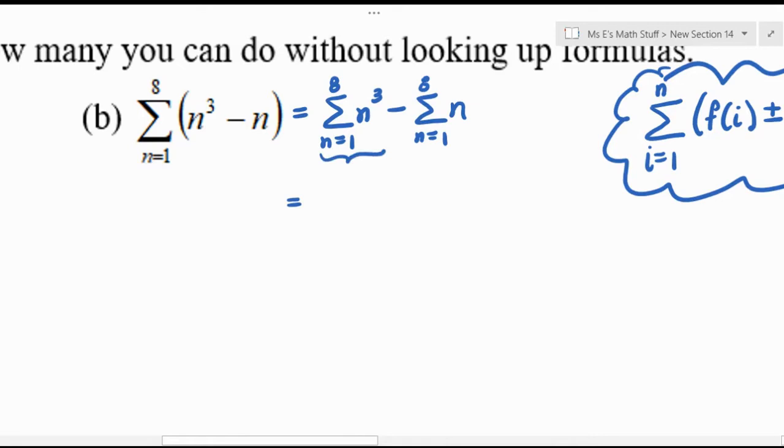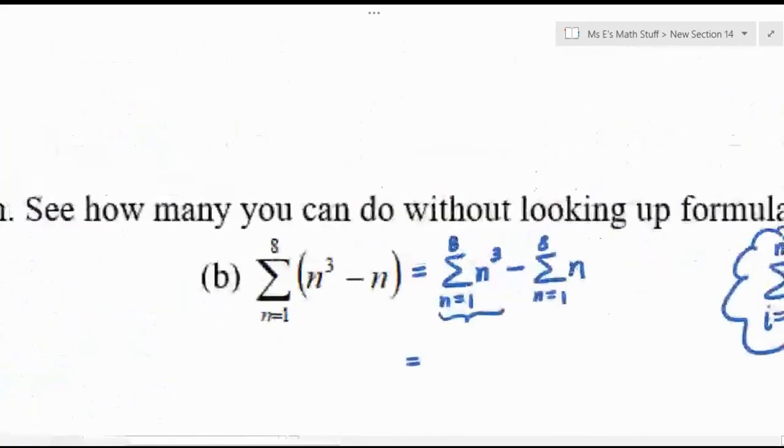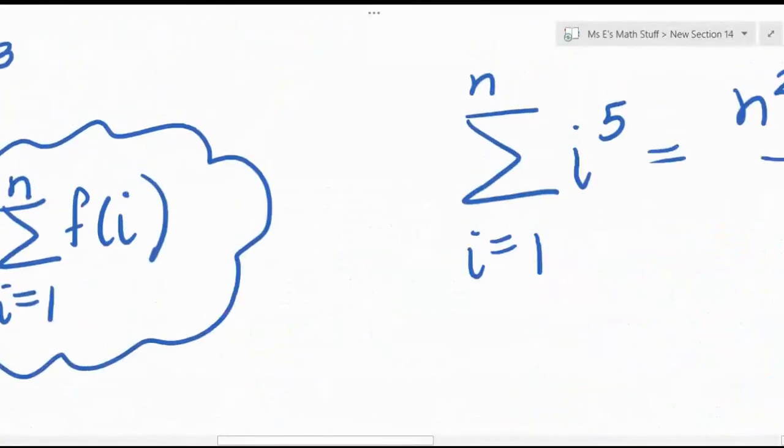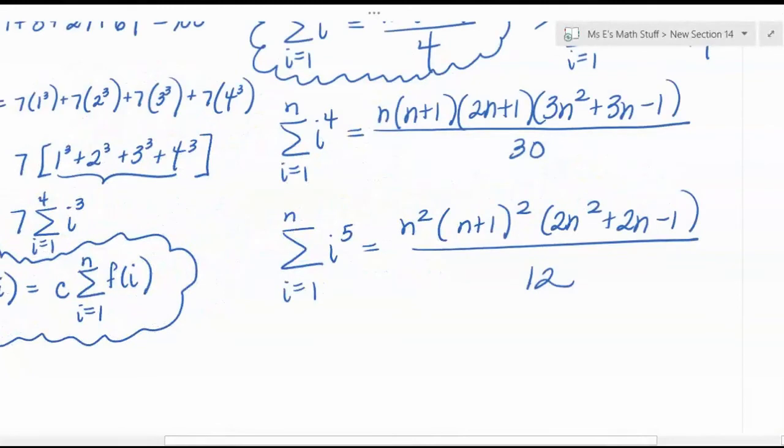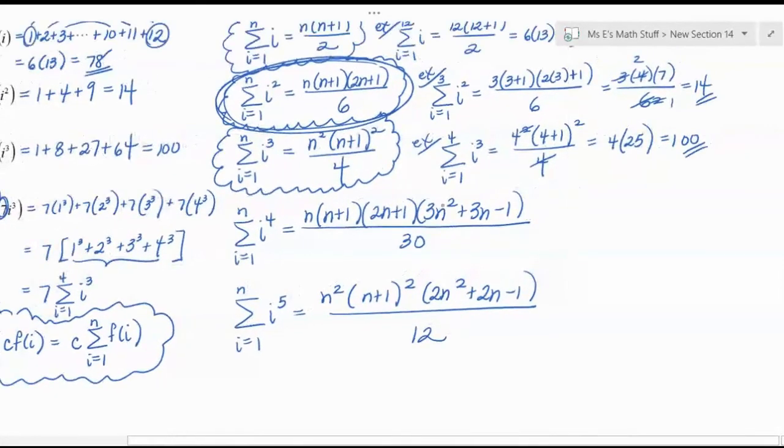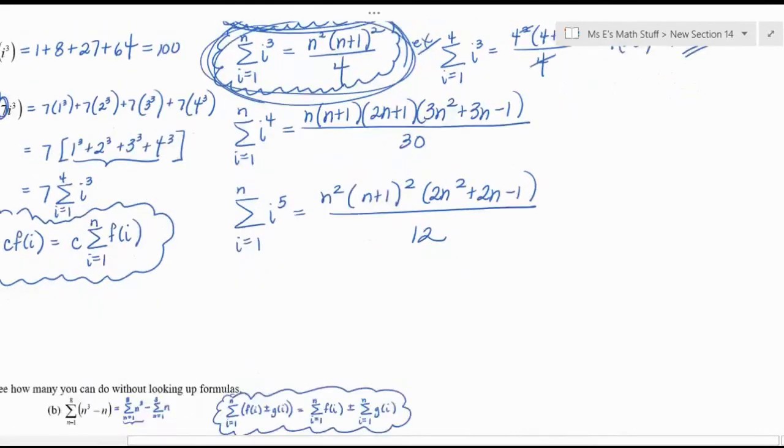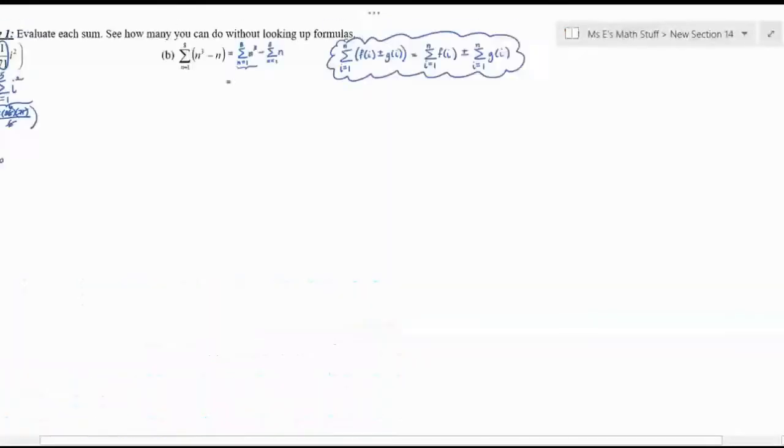So for this first one, this is just the sum of all the cubes for the first 8 terms. And so you would be using this formula right here, just where your upper bound is an 8.